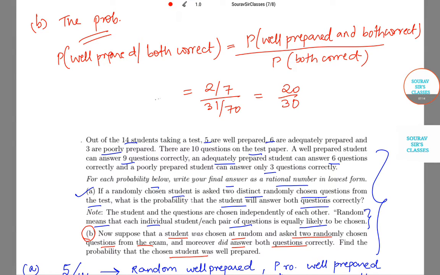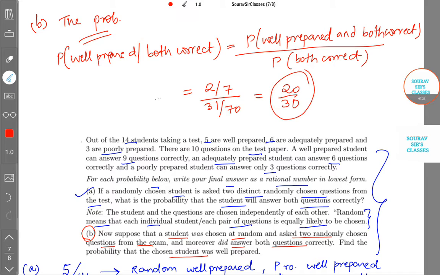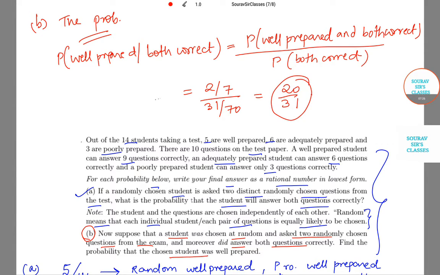Now you cannot reduce it, this is the lowest form of the rational number, so it will be 20 by 31. So this will be the answer.